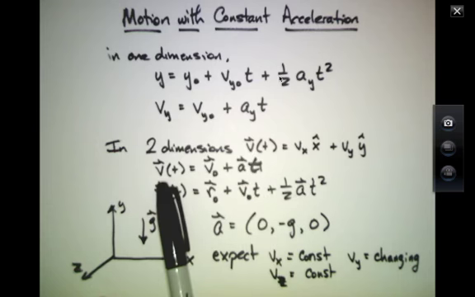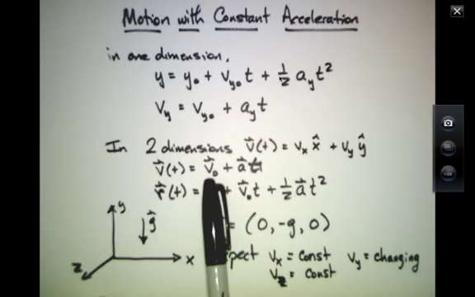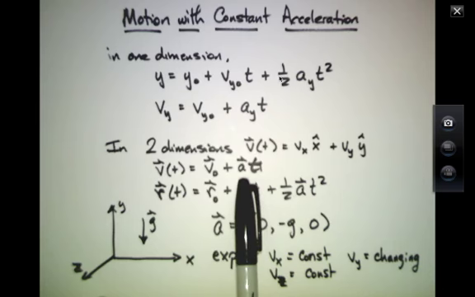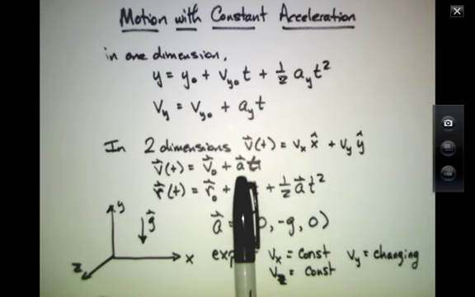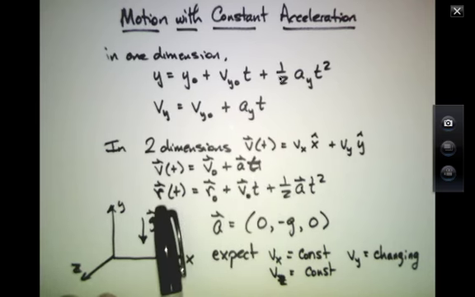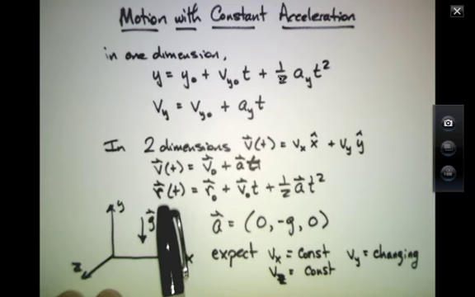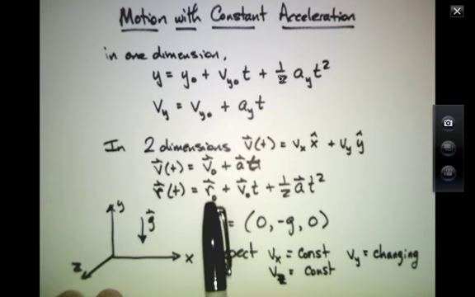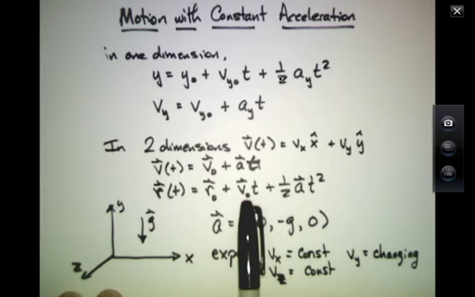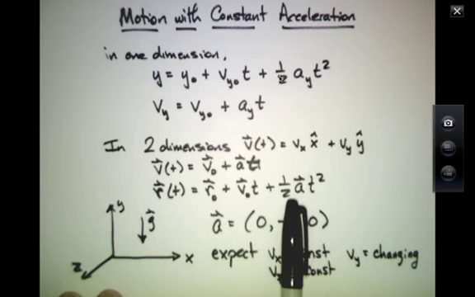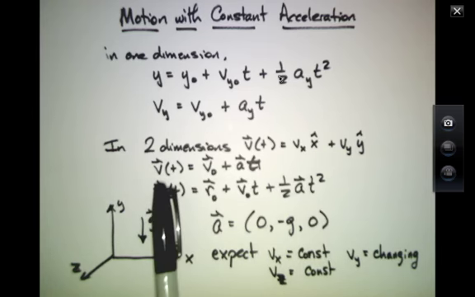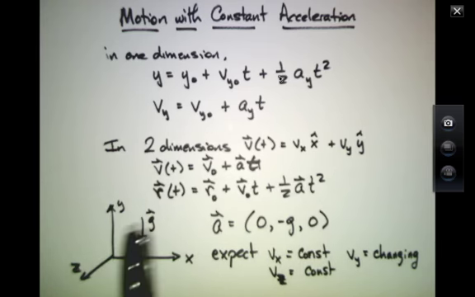That there's an x component of velocity that depends on the initial x velocity plus the acceleration in the x direction times time, and the position r of t has an x component that depends on the initial x and the initial velocity in the x direction times t plus the acceleration in the x direction times t squared, and so on. And this whole thing repeats for the y direction.